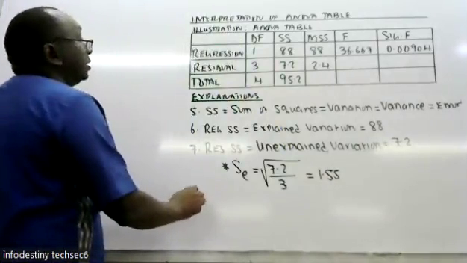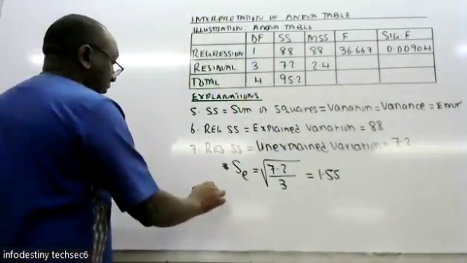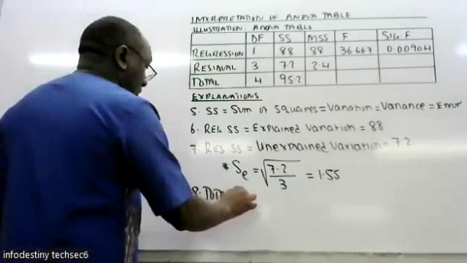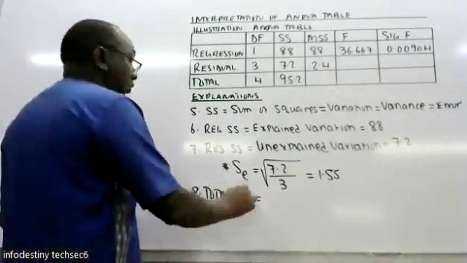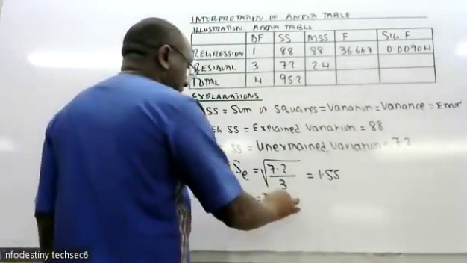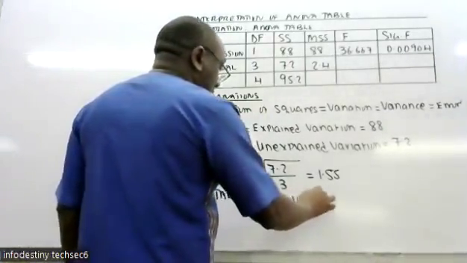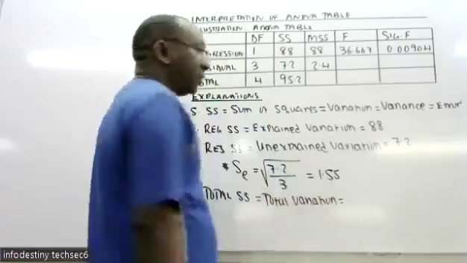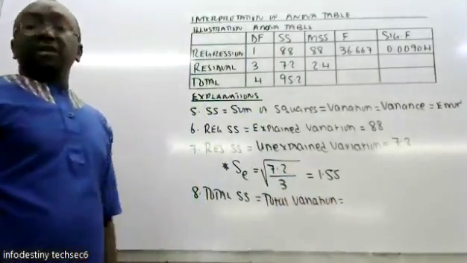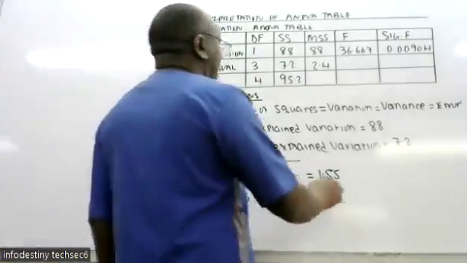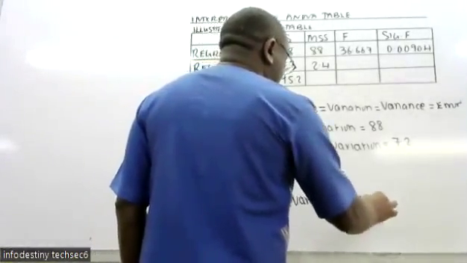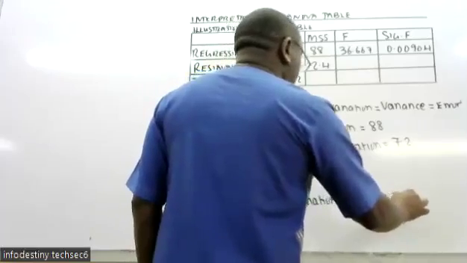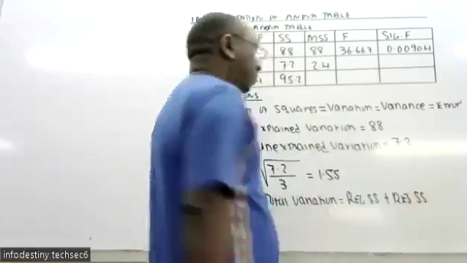Point number 8 is total SS. Total SS is what we call total variation. And this total variation is what we will call regression SS plus residual SS.